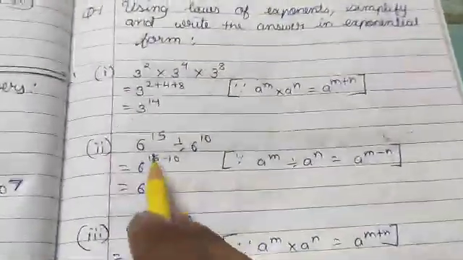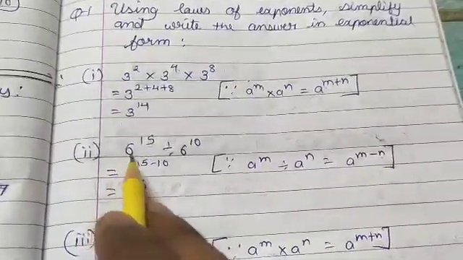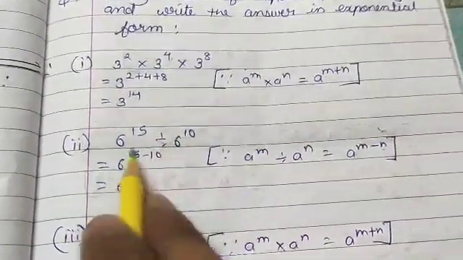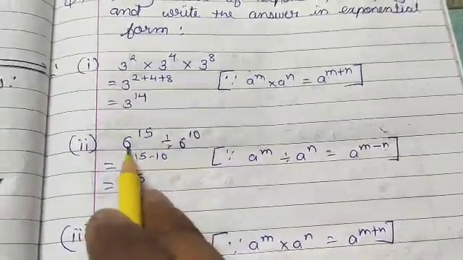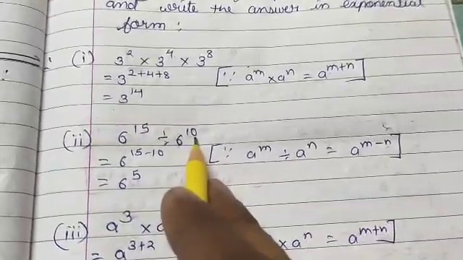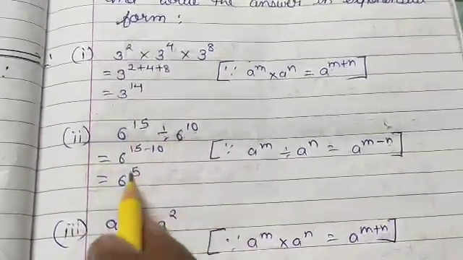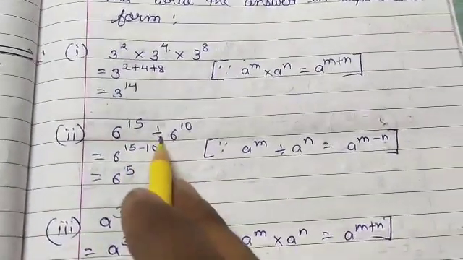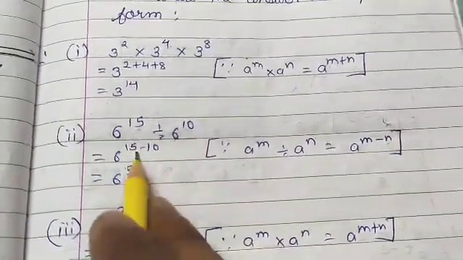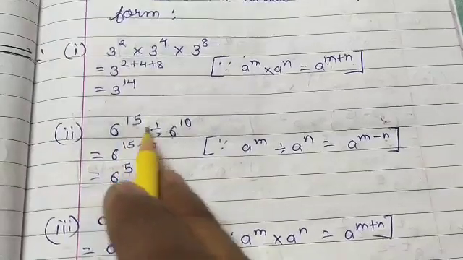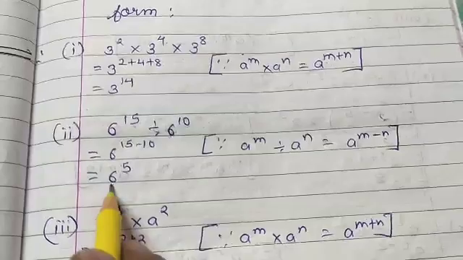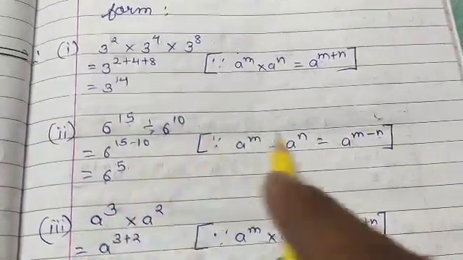Now the next one, 6 raised to the 15 divided by 6 raised to the power 10. So write down 6 as common, and since it is division, 6 raised to the 15 is divided by 6 raised to the 10, so we have to subtract the powers, that is 15 minus 10, which gives 5, that is 6 raised to the power 5.